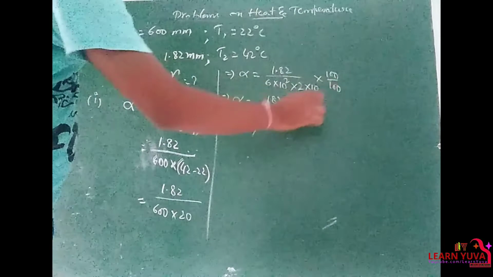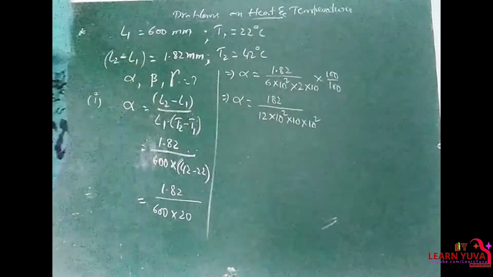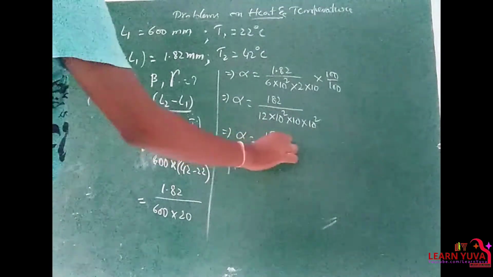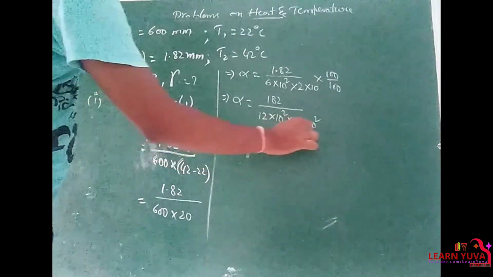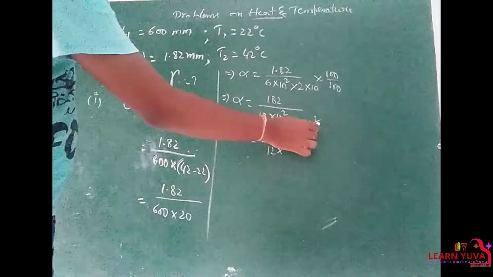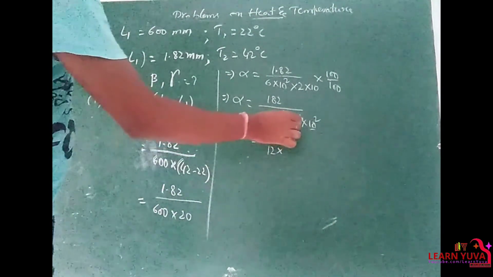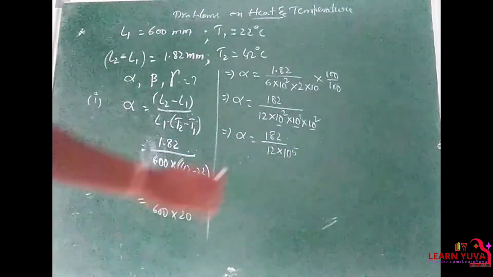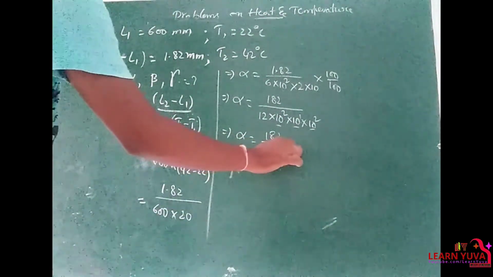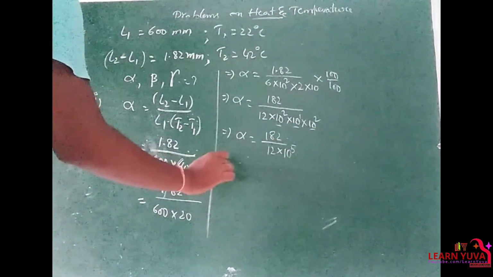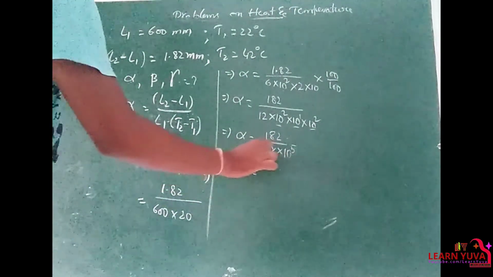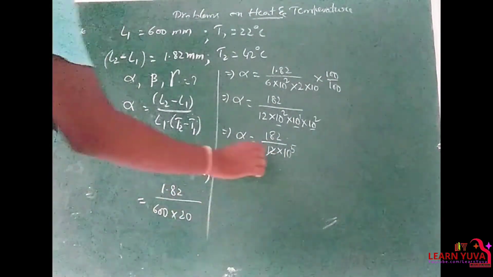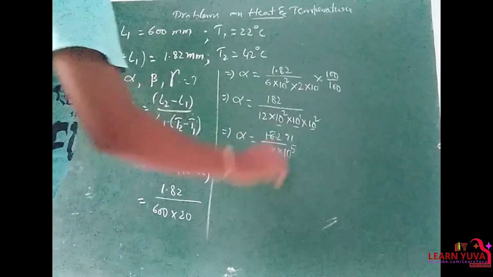Here I am also writing 100 as 10 power 2. So alpha is equal to 182 by 12 into, when the bases are the same, the powers should be added: 2 plus 2 is 4, plus 1 is 5, 10 power 5. It is not 1.5, that is 10 power 5.